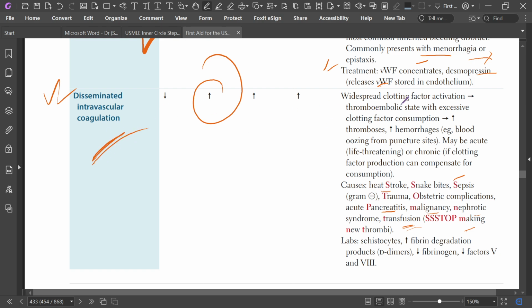DIC is widespread clotting factor activation and a thromboembolic state with excessive clotting factor consumption, causing increased thrombosis, increased hemorrhage, and blood oozing from puncture sites. It may be acute and life-threatening, or chronic if clotting factor production can compensate for consumption. In the lab, there are schistocytes, increased fibrin degradation products and D-dimer, decreased fibrinogen, and decreased factors 5 and 8.